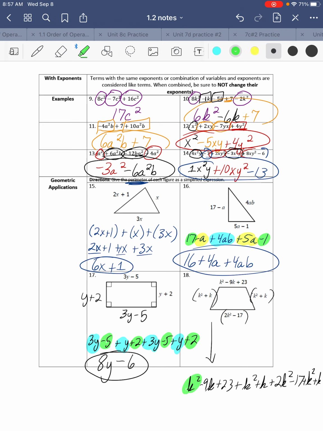So I have 1k squared plus another k squared, that's 2k squared, plus 2 more k squared is 4k squared, plus another k squared is 5k squared. And we have negative 9k plus k is negative 8k, plus another k is negative 7k. Lastly, we have a positive 23, subtract 17 is 6.